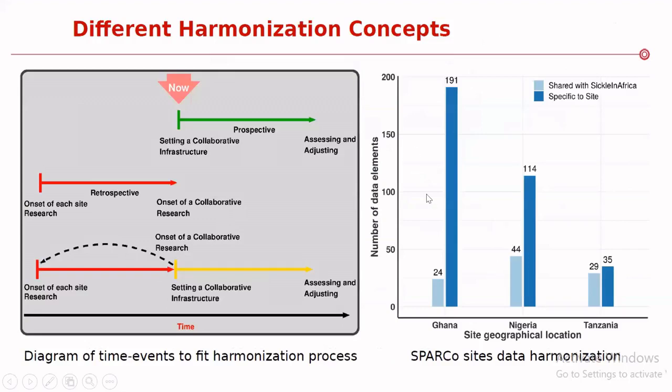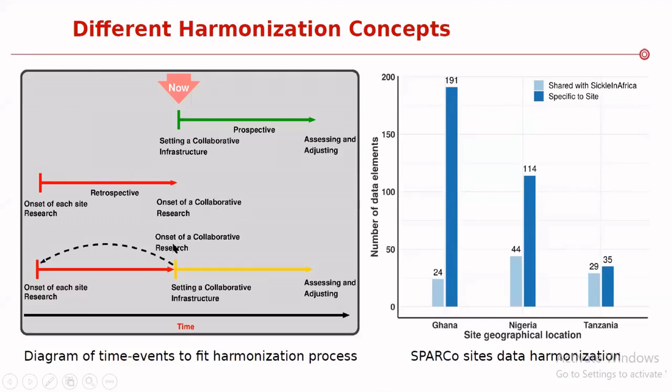Again, this is from the late Gaston, and he explained at which step you can do this harmonization. You can do it at the beginning, which is a prospective approach, and you keep adjusting as you go, or you can do it retrospectively, where you don't care about when you are doing the harmonization.